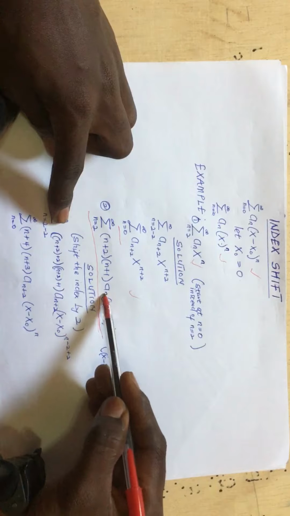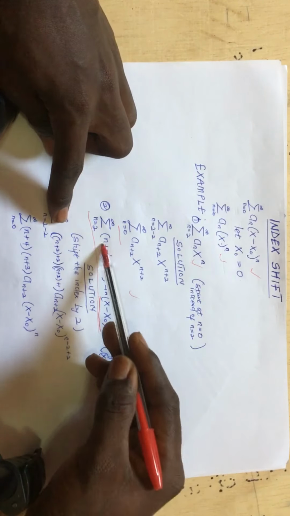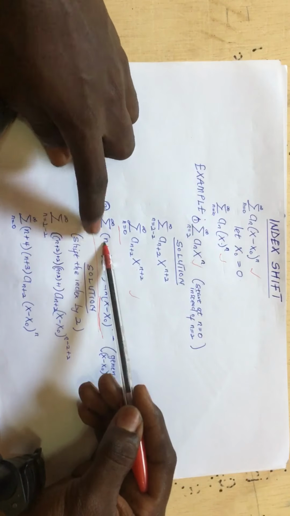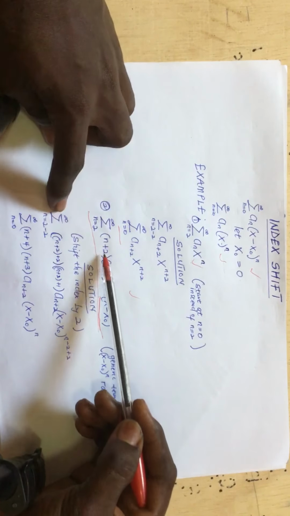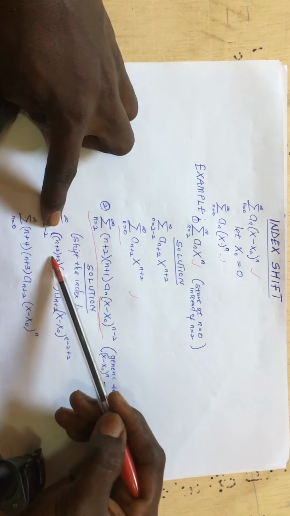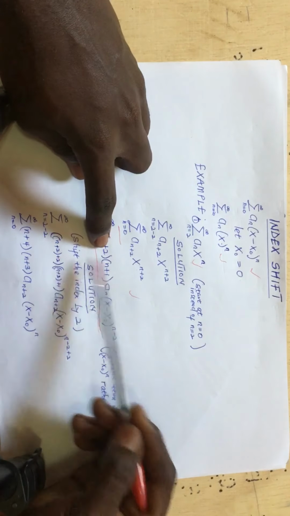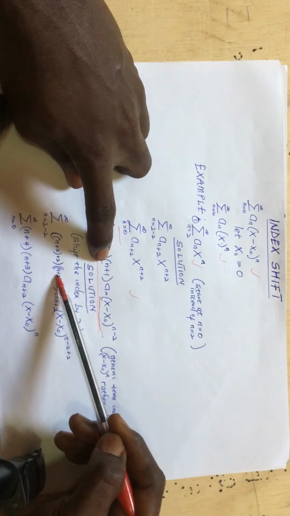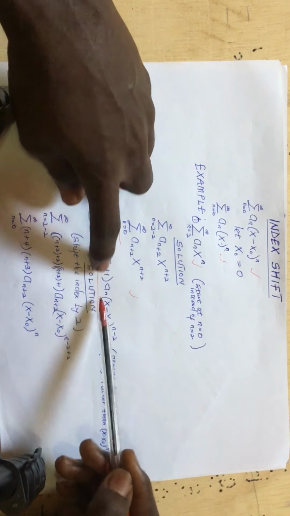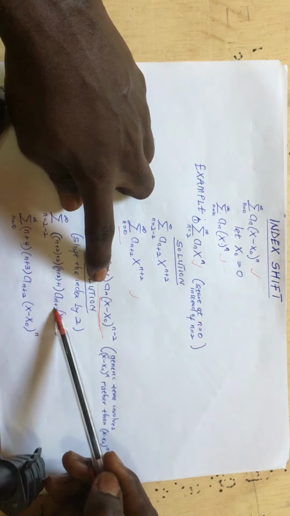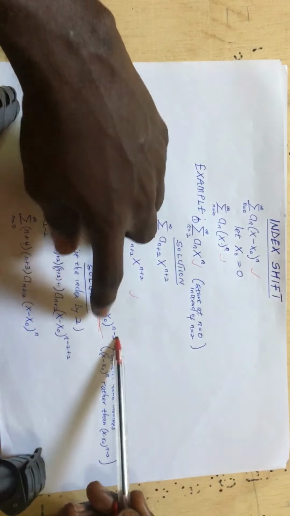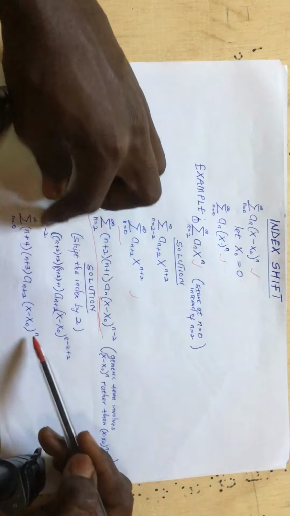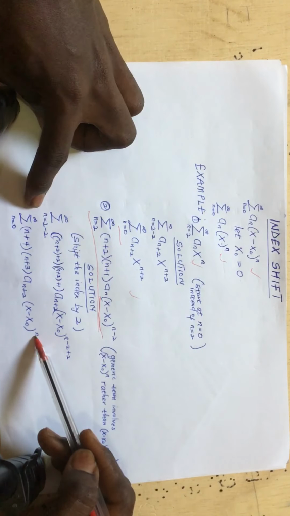So we add plus 2 here, and plus 2, and then another 2 and plus 1. We shift by 2. When we add 2 here, it's going to be 0, leaving it as n.